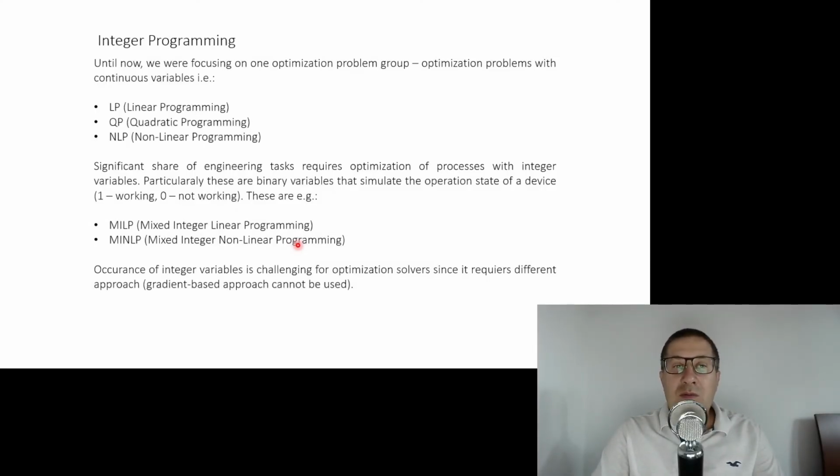So this is the end of part one. I've discussed different approaches that we use while solving optimization problems with continuous variables, which is a typical problem for industrial processes, when you have to find the optimal value of parameters. But there are also problems with discrete decision variables, and they will be covered in the next video.